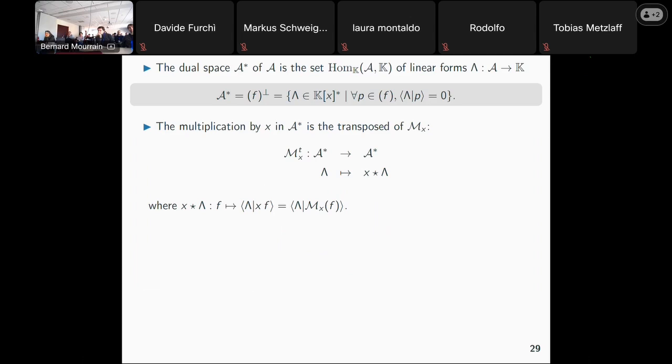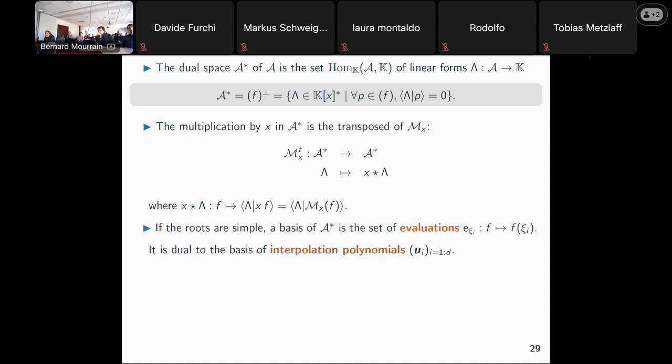You can call it the co-product if you want. It's defined in this way. And so we can ask what are the eigenvectors of this transpose operator.